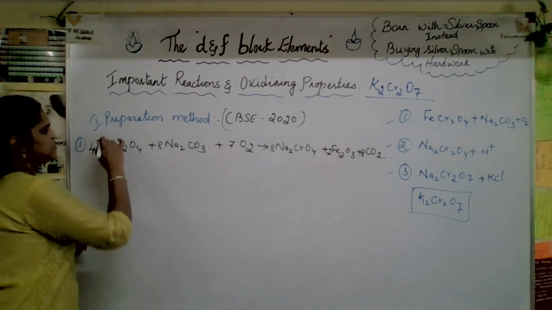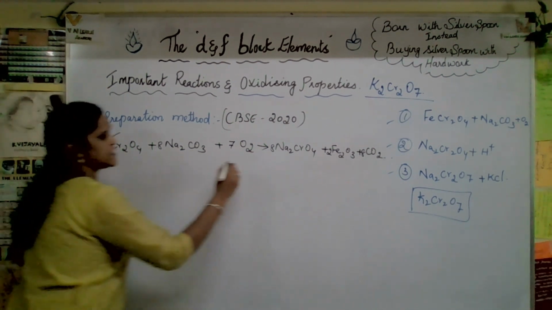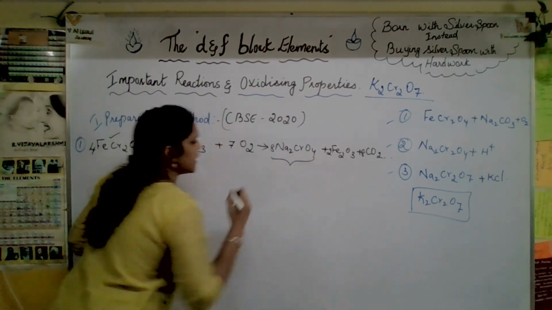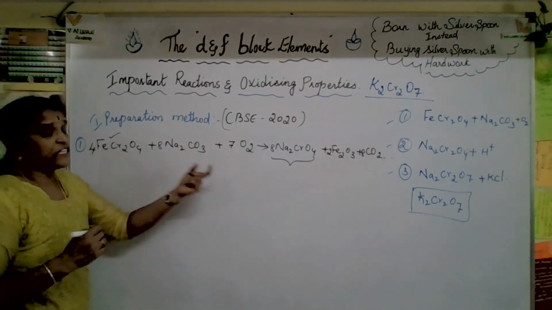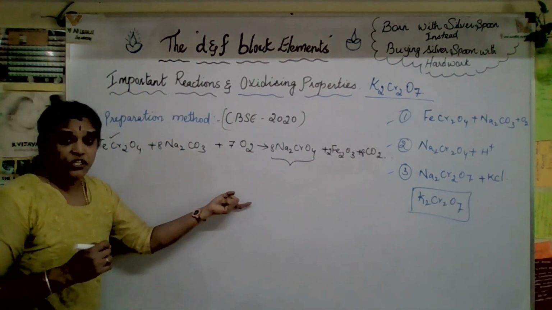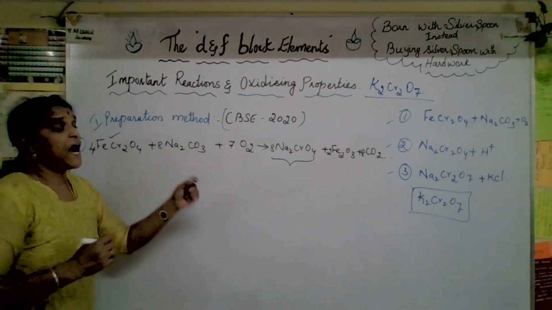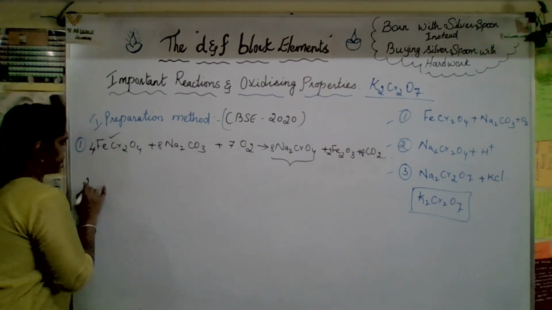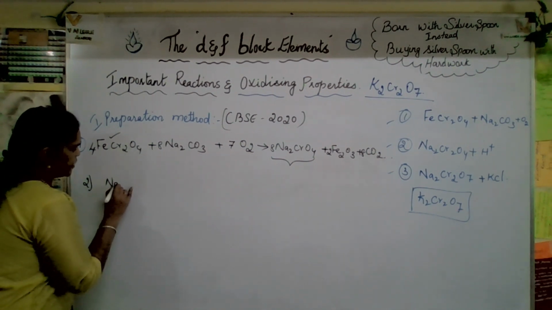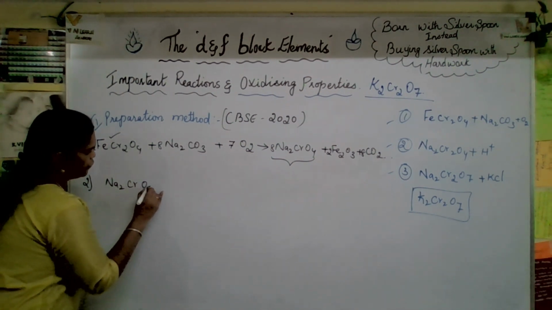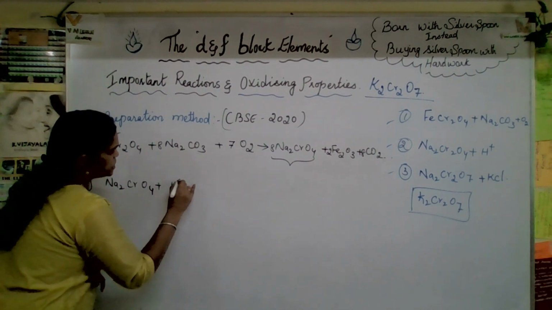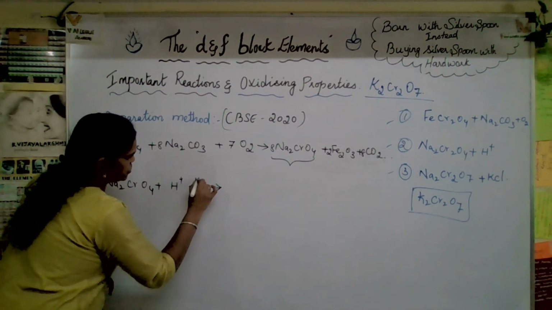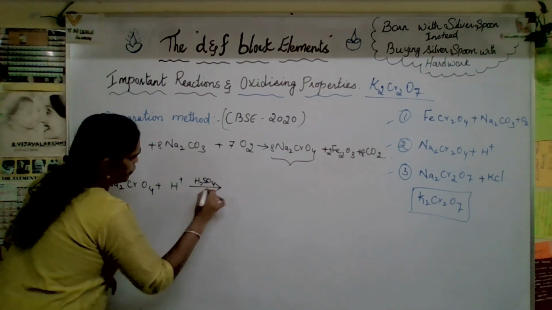Now come to this point. This is the first step. In that first step, what did we receive? Sodium chromate, which is yellowish in color, and that is filtered. Again it reacts with acidified H2SO4. So step 2: Na2CrO4 combined with H+ ion, that is H2SO4. Right?